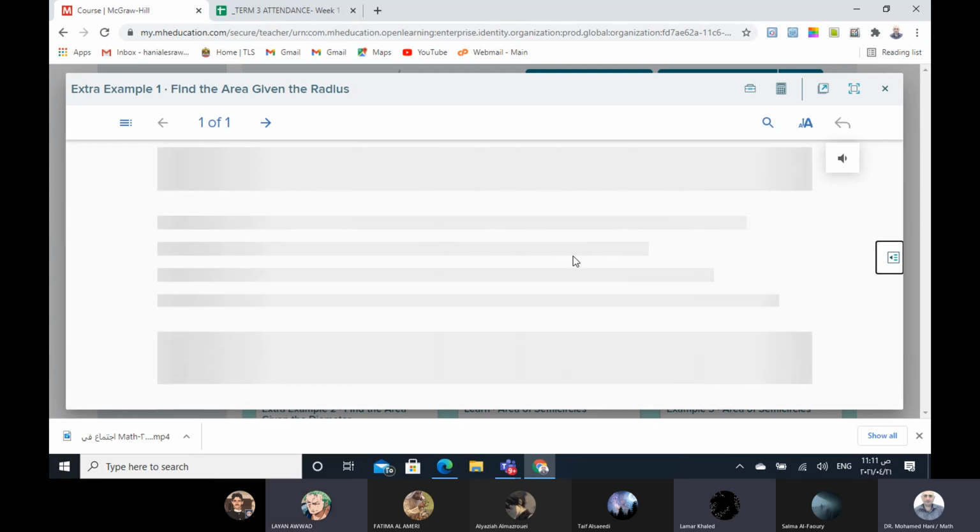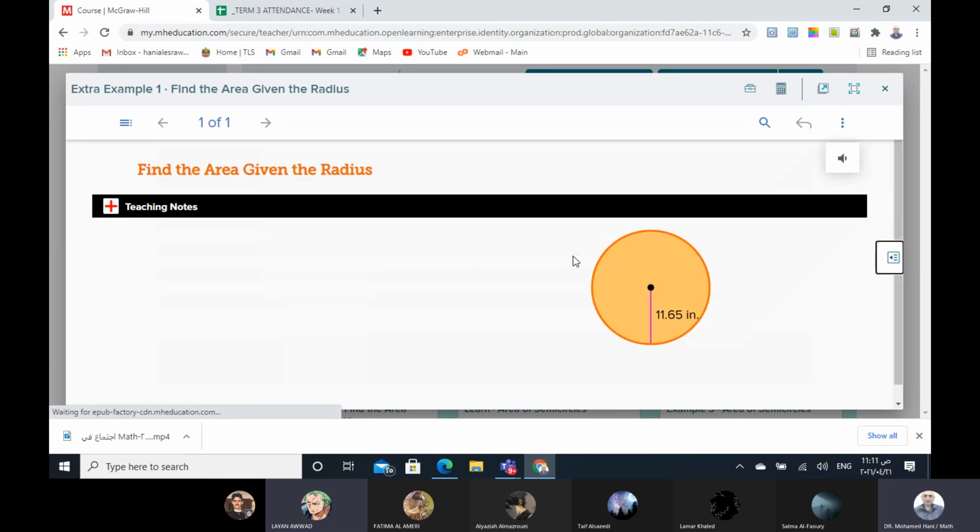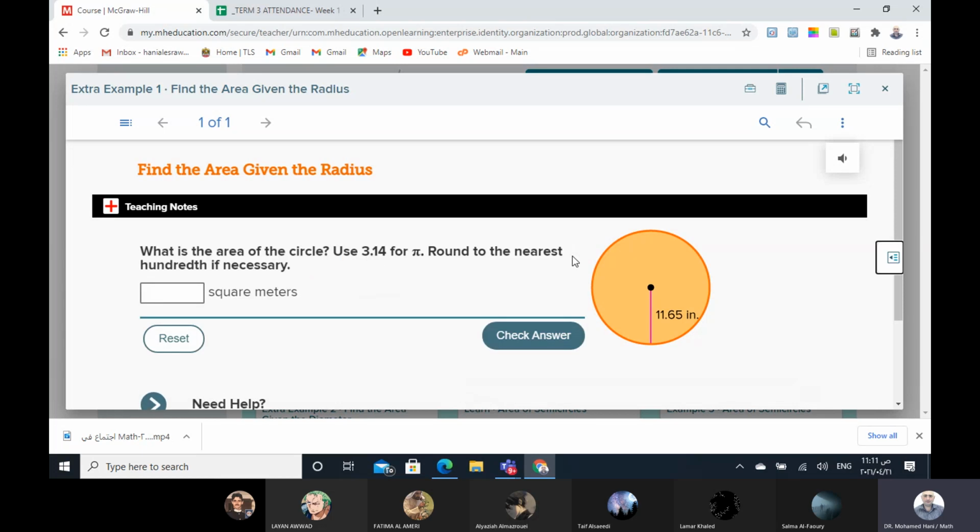Mister, yes? 2 radius equal 1 diameter? Repeat your question, please. 2 radius equal a diameter? Yes. Now here we have the second example. Find the area given the radius. What is the area of the circle?